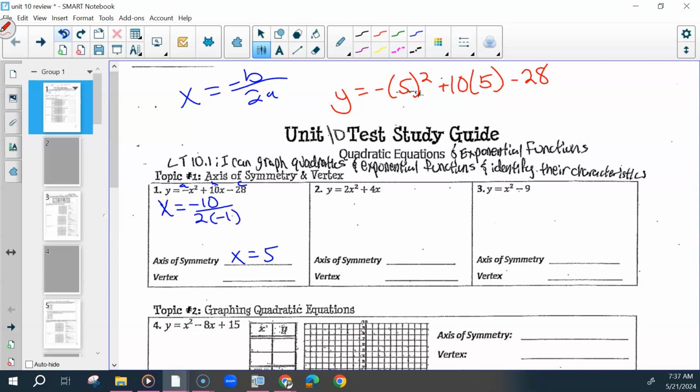What would that y value be? Say that again.